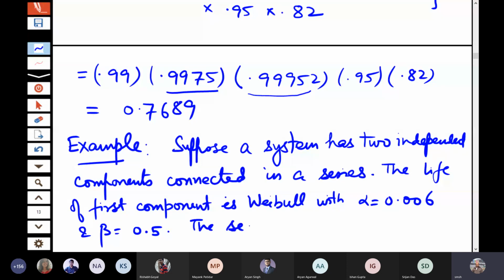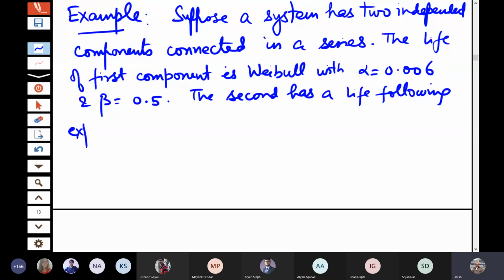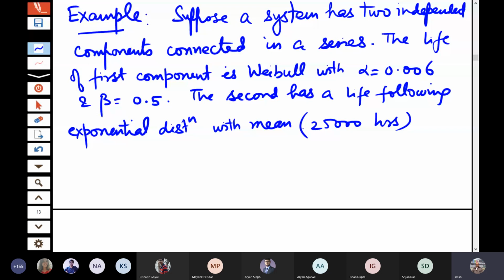And suppose the second has a life following exponential distribution with mean 25,000 hours. Okay. So I am just putting some question.